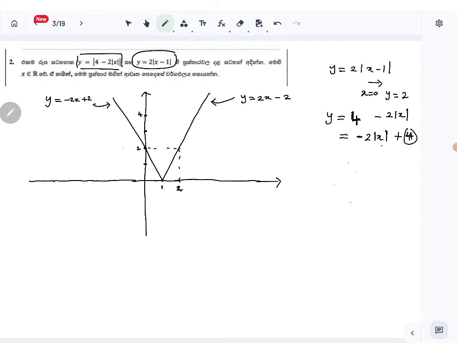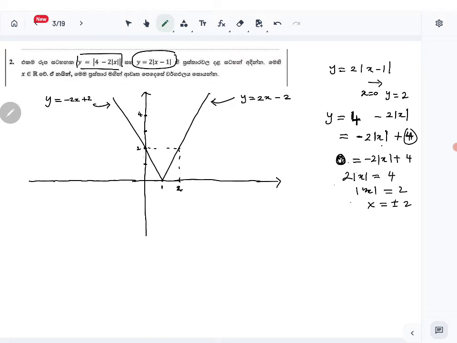Then let's find where these points cross the x-axis. Then 2 modulus x equals 4, or modulus x equals 2. So that means x equals plus or minus 2.